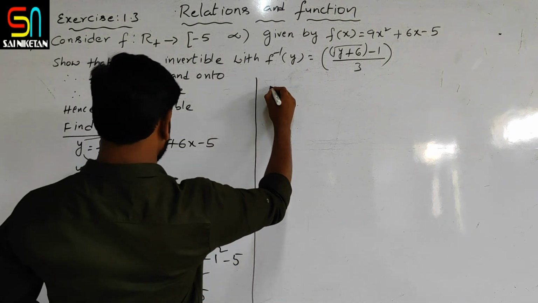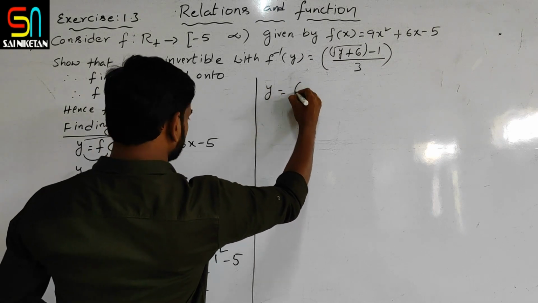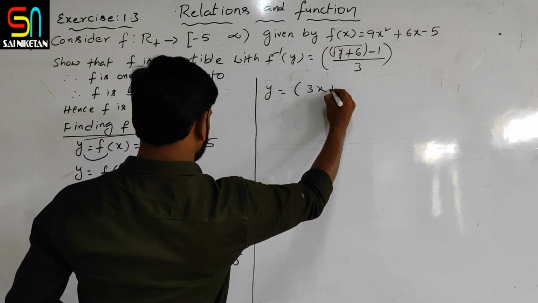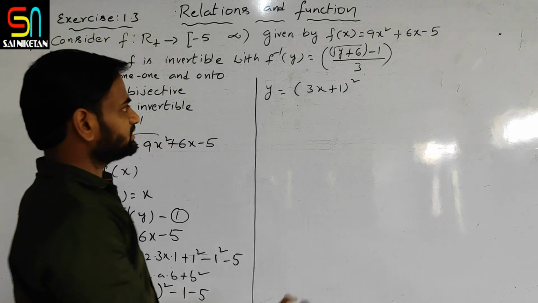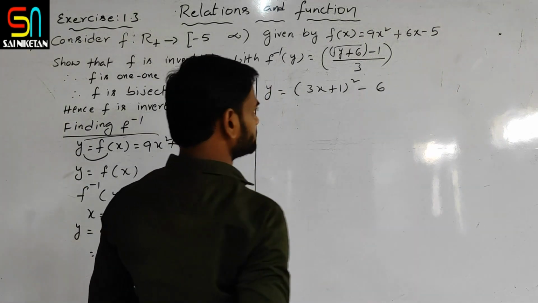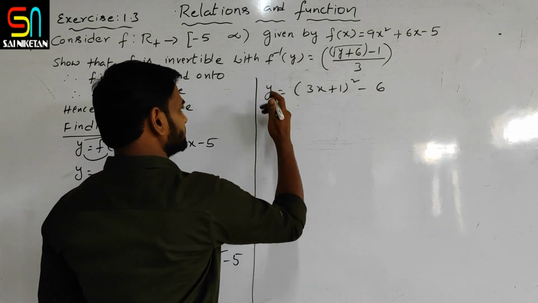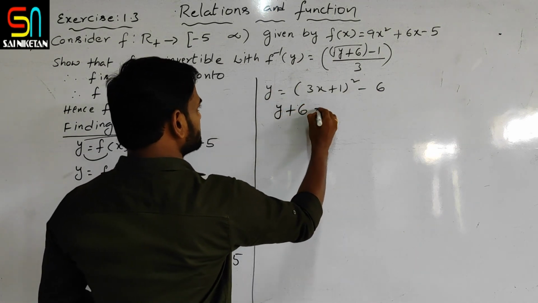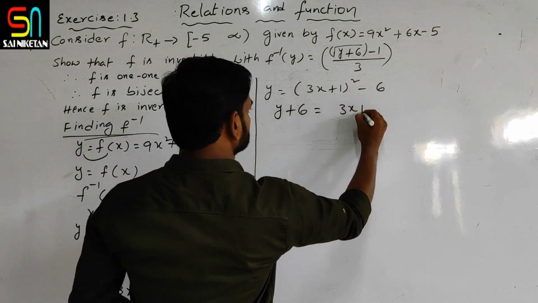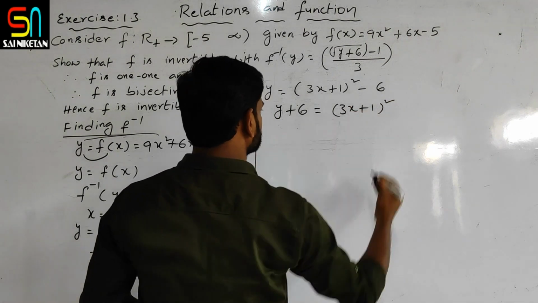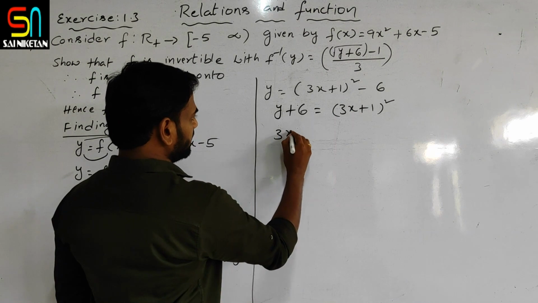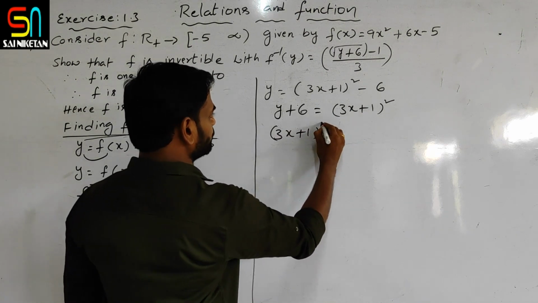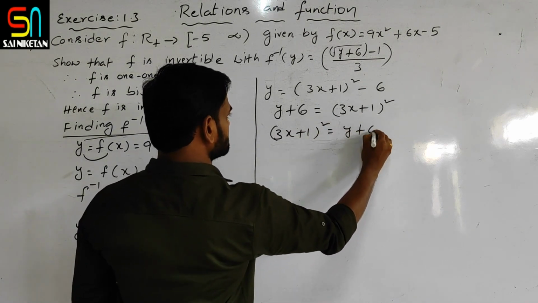That is y equal to 3x plus 1 whole square minus 1 minus 5. That is minus 6. Send 6 to this side. That is y plus 6 equal to 3x plus 1 whole square. From this one, 3x plus 1 whole square equal to y plus 6.